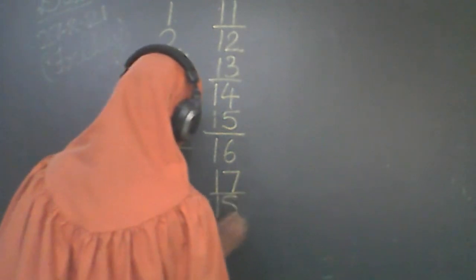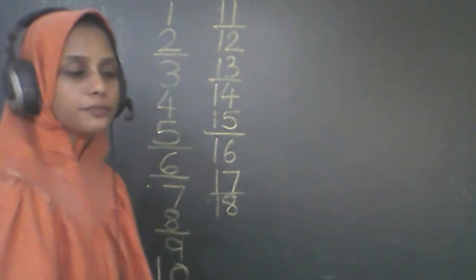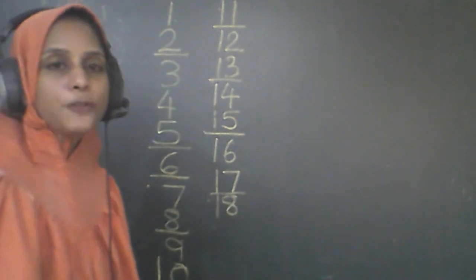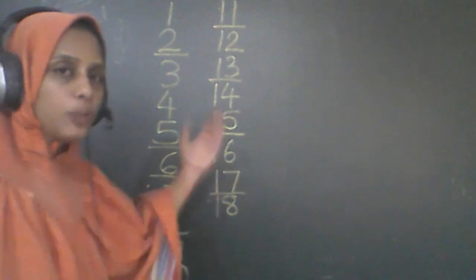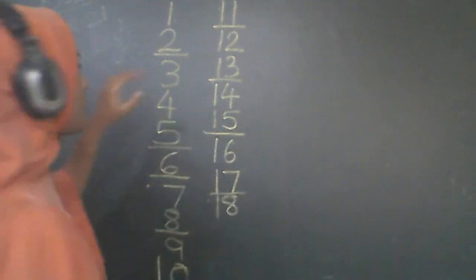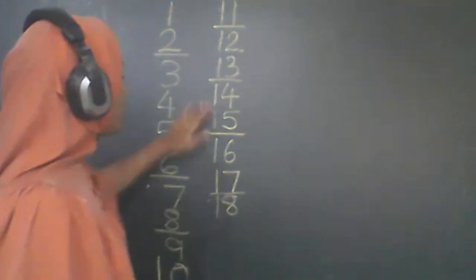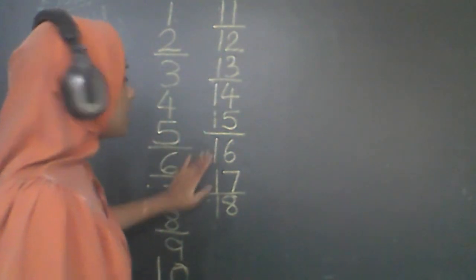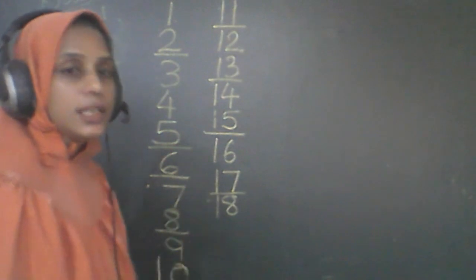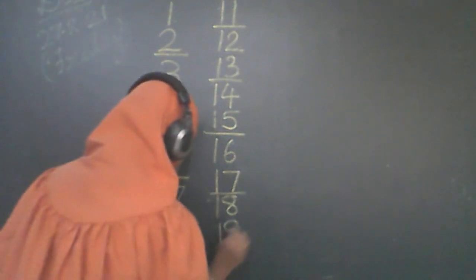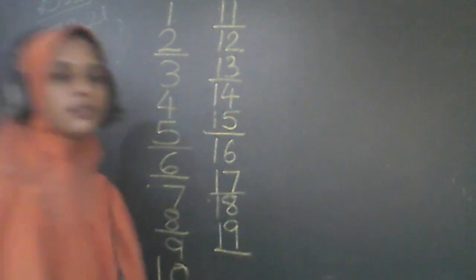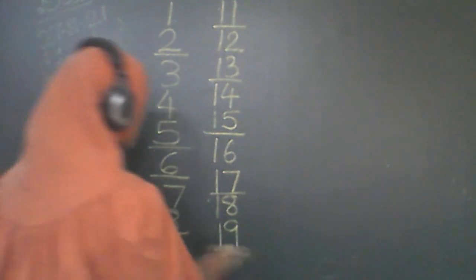Then 18 is already written. After 18, say the counting and write down what comes after 18. 11, 12, 13, 14, 15, 16, 17, 18 and 19. Write down 19.